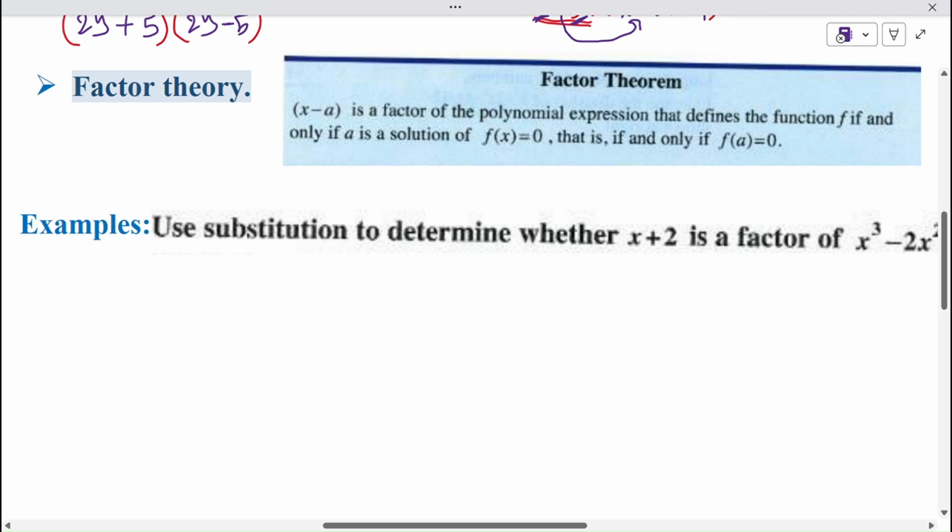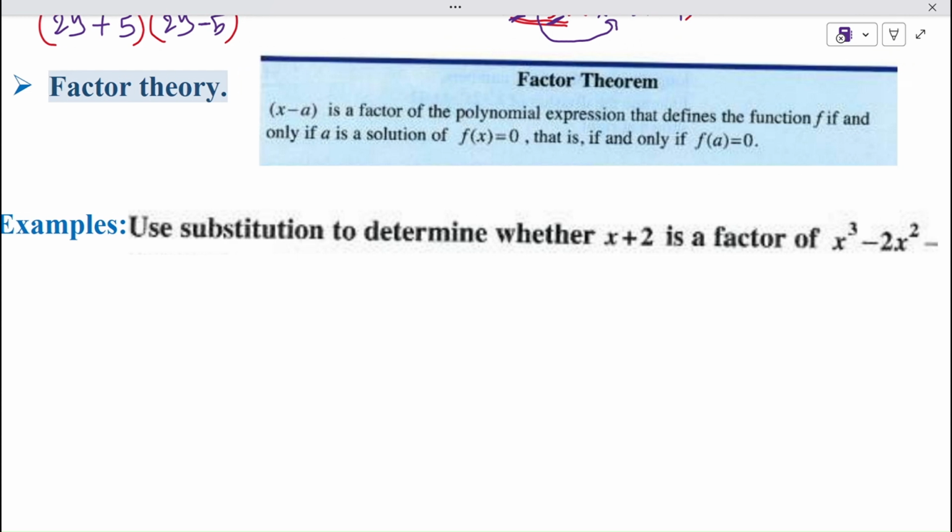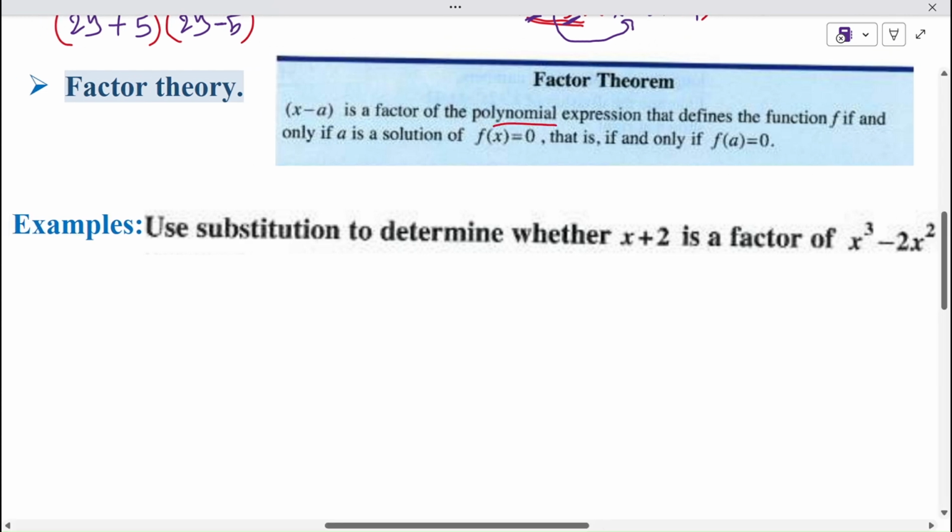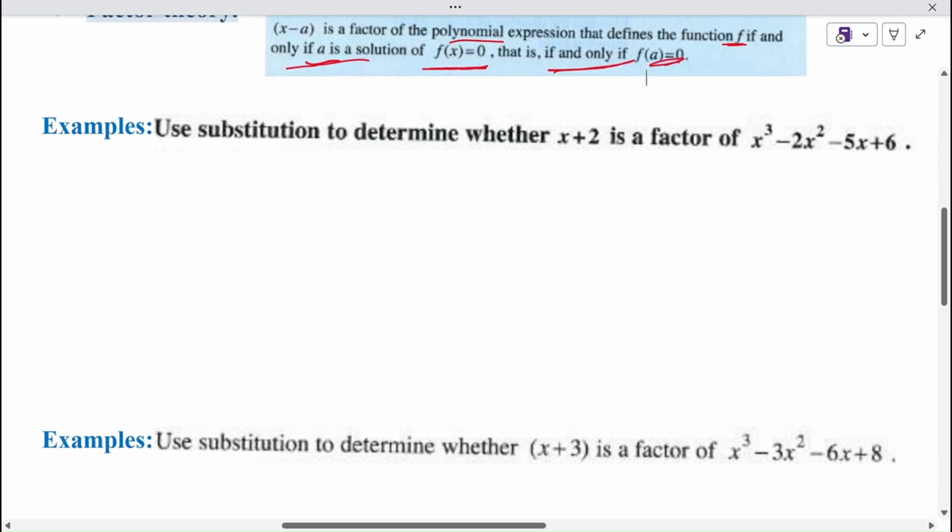This theorem says x minus a is a factor of the polynomial expression that defines the function f if and only if a is a solution of f(x) equals 0. What does this mean? By solving an example, I will explain it for you.